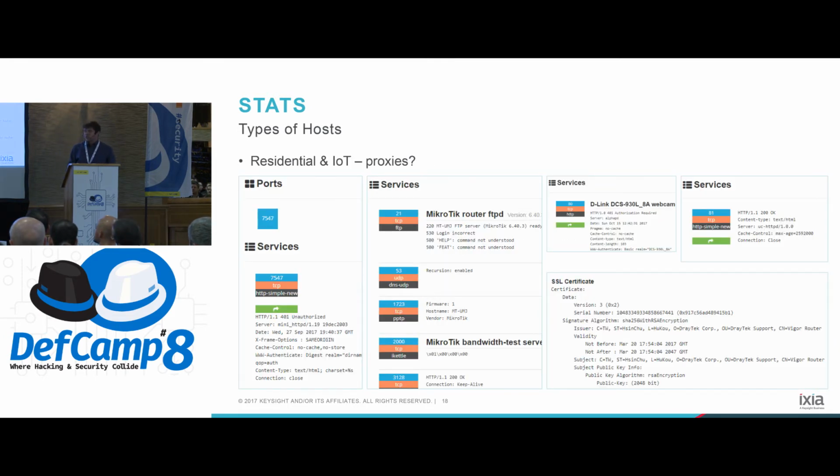I did, however, have a lot of success in identifying that most of the stuff that we see are small home user devices, residential devices, most likely infected computers, maybe some IoT devices. So the first one on the left is a device which only has port 7547 open. That's the TR-069 port, a remote management protocol being used by routers and IoT devices and different types of embedded equipment right now.